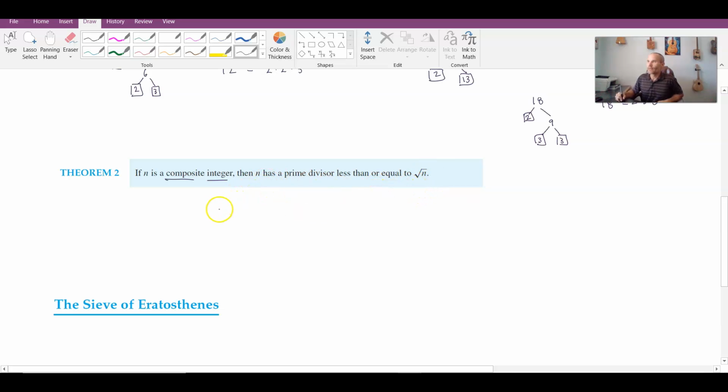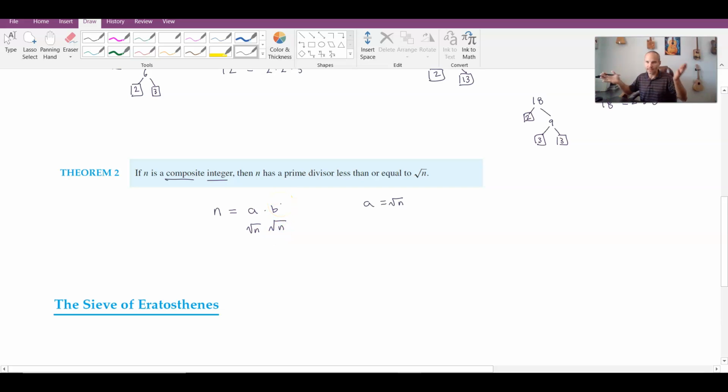Okay, well, let's think about this. So that means if I write n as a product of, let's say, two numbers a and b, and I'm just going to point this out sort of intuitively, if a is equal to the square root of n, then the only value left for b would be the square root of n.